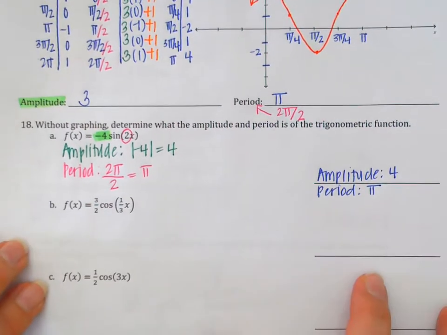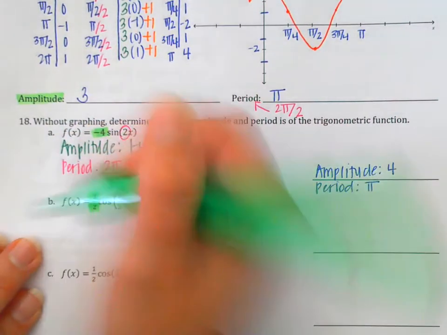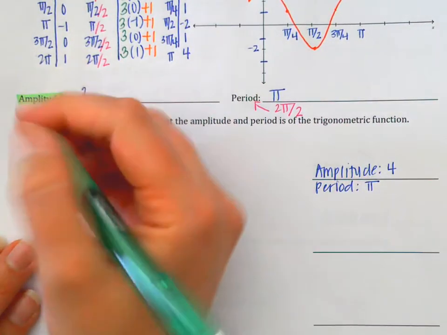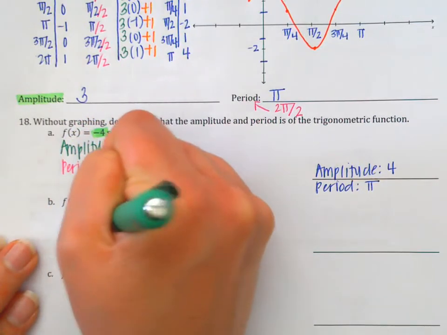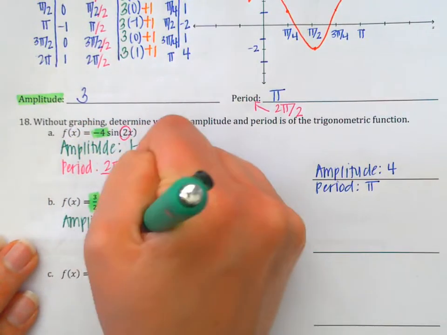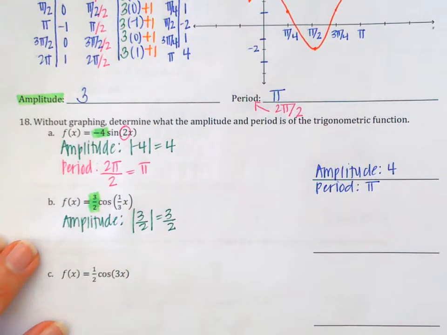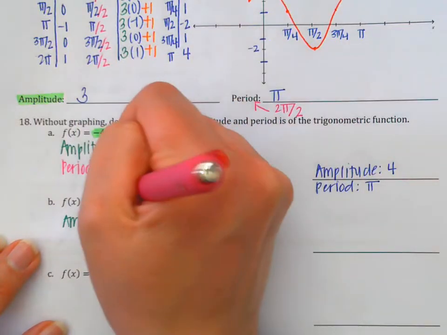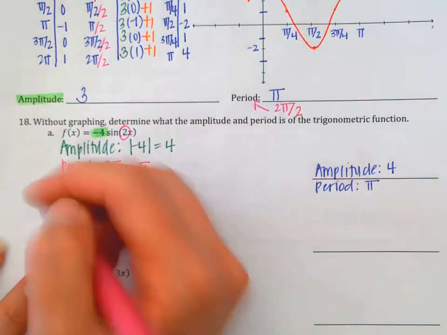So for B, my amplitude is 3/2. And then for the period, we're going to take 2 pi and divide it by 1/3.